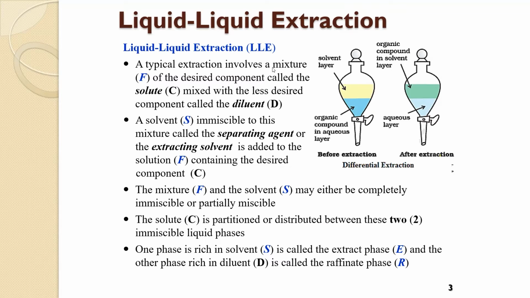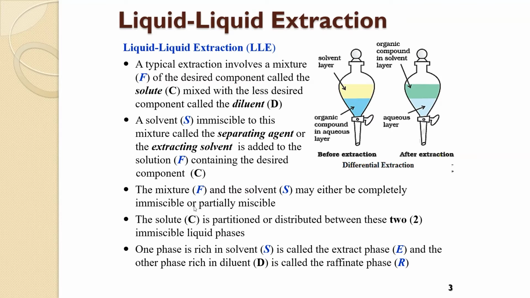A typical extraction involves a mixture F containing the desired component called the solute. So basically the solutes are the organic compounds mixed with the less desired component called the diluent. The solvent S, immiscible to this mixture, called the separating agent or the extracting solvent, is added to the solution F containing the desired component.